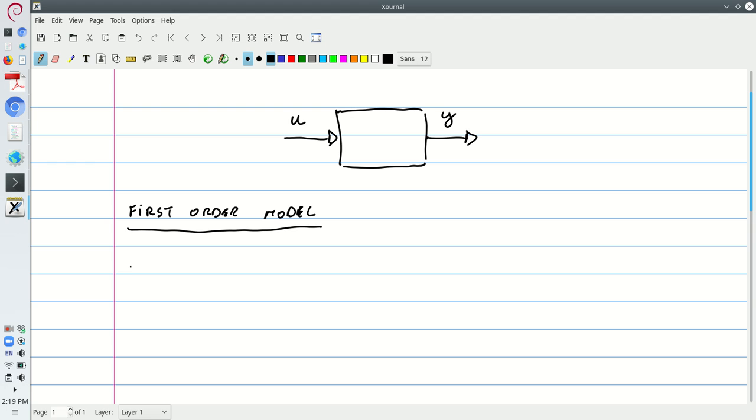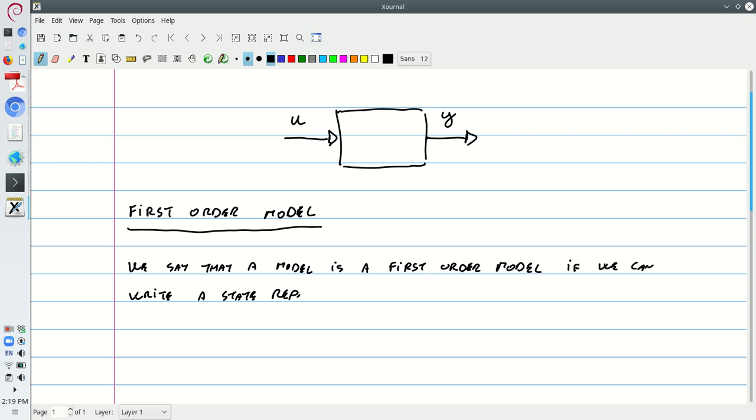So we say that a model is a first order model or system if we can write a state representation for it where the state x is a scalar.